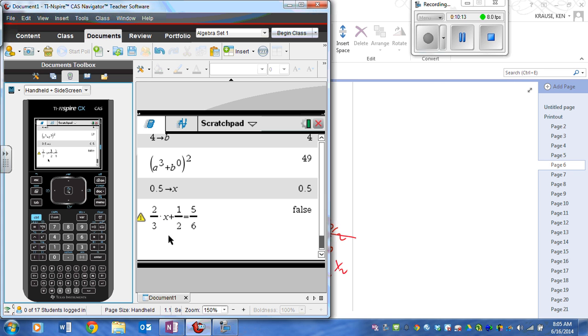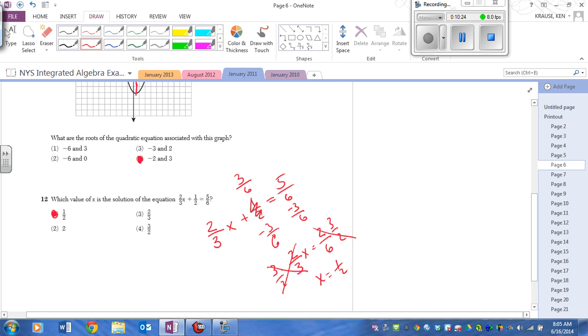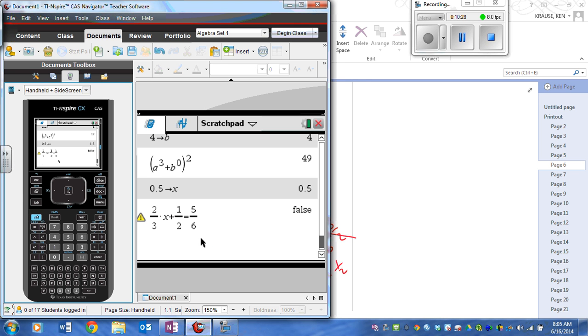2/3 x, or why do I have this exclamation point? What is that thing for? 2/3 x plus 1/2. I don't know what happened. Let's just do this.